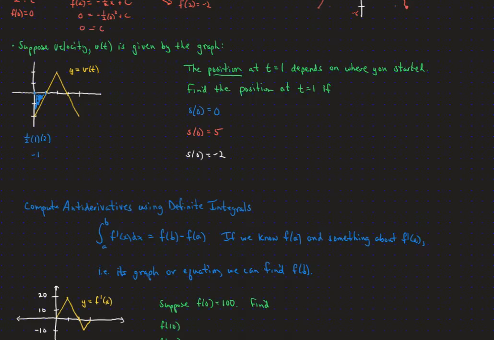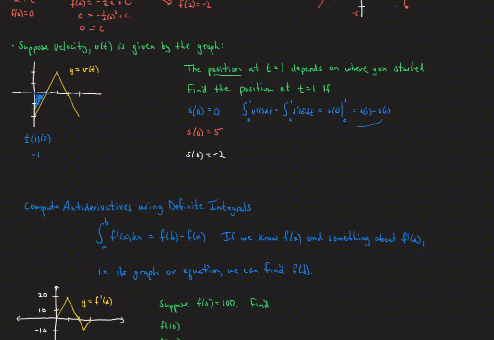Another way of thinking of this is that the integral from 0 to 1 of v of t is the integral from 0 to 1 of s prime of t, because velocity is the derivative of position. An antiderivative of s prime is s of t from 0 to 1, and that's going to be s of 1 minus s of 0.